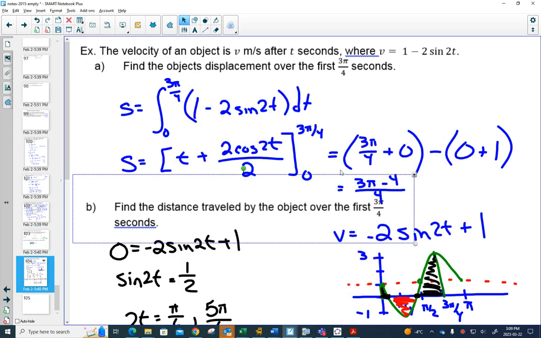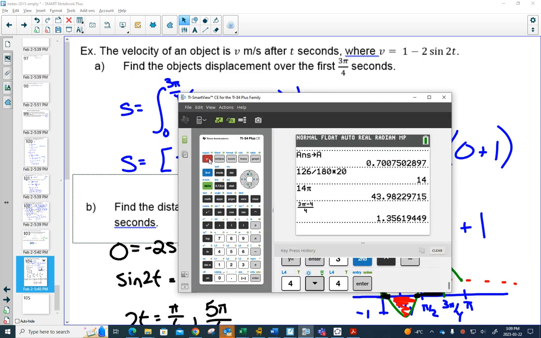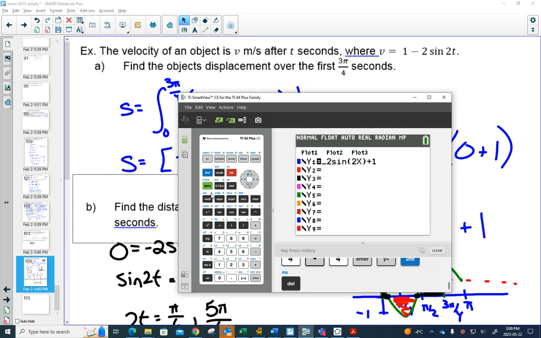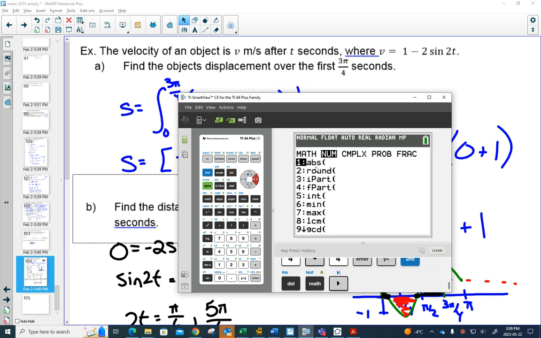Now, if you were using your calculator, do you know how to put absolute value bars in your calculator? Okay, second, insert under math, over to number, they have this, abs. That's not abs like stomach muscles, this is absolute value.